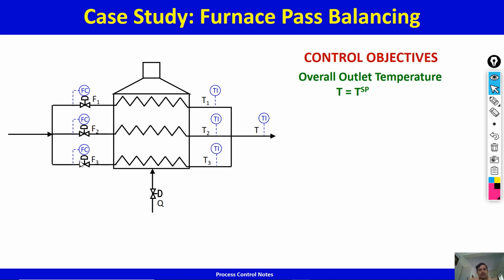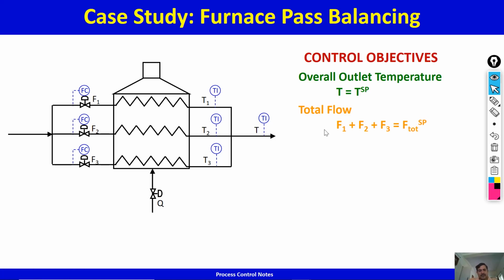Now if you look at the control objectives, of course the first objective is that this outlet temperature should be the same as what you want it to be. So T should be T set point, the specified temperature. That's of course why you put in the furnace.